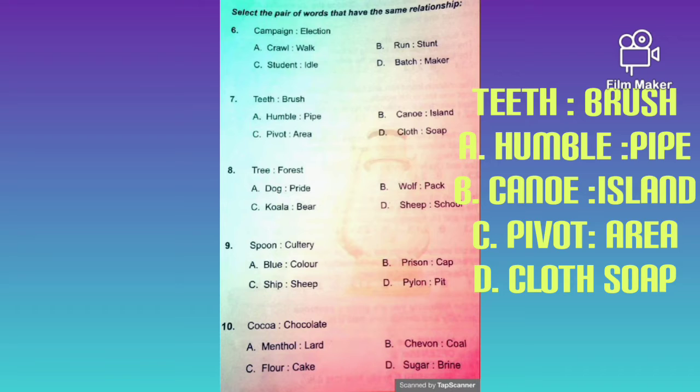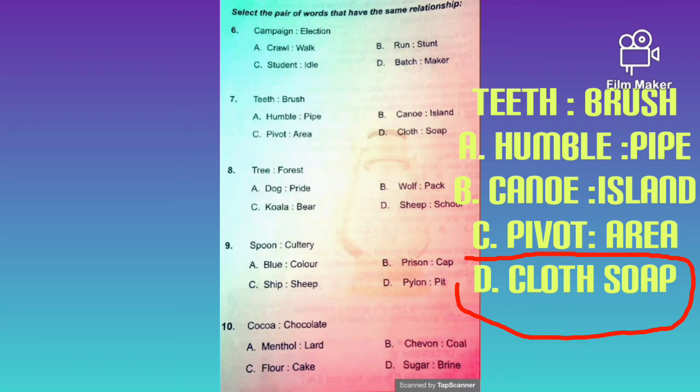But let's see if something else makes more sense. We have pivot. We have area. No, we're talking about washing, care of the body. Okay, we have clothes. We have soap. Yes, that makes sense more than the others. So you use soap to wash your clothes, just like you use brush to wash your teeth.